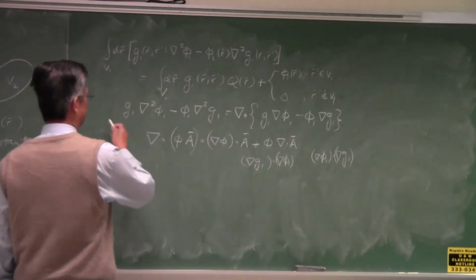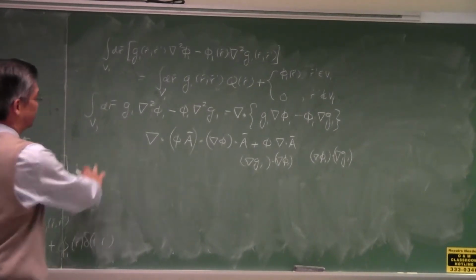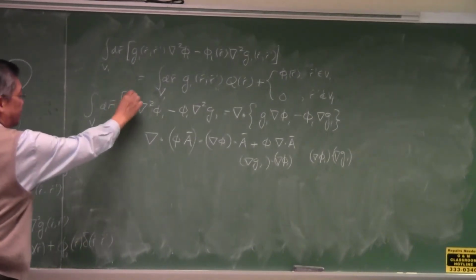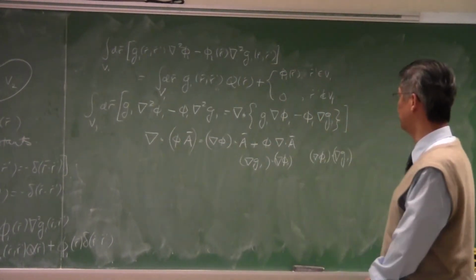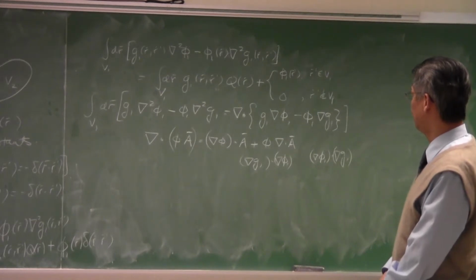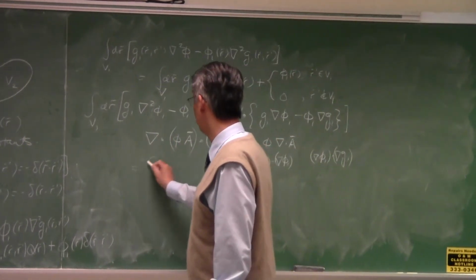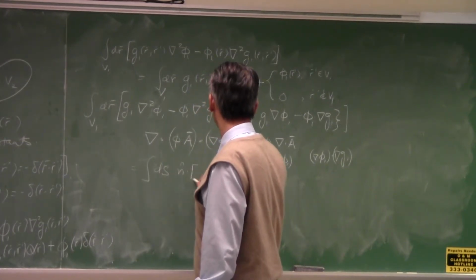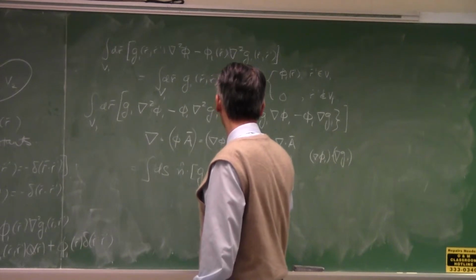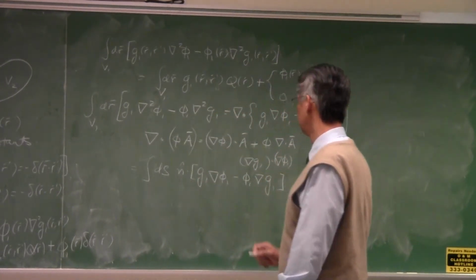So when you integrate this identity over a volume V1, it can be converted into a surface integral. It becomes a surface integral, ds n dot G1 gradient V1 minus V1 gradient G1.